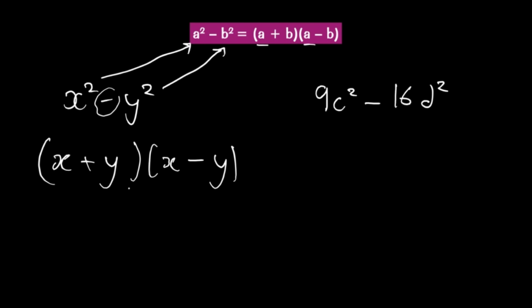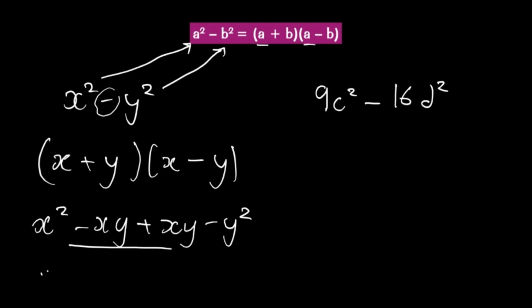If you're not sure, or if you think this is incorrect, you can always check by expanding the brackets. So to expand this bracket, you do x times x, x squared, and then x times negative y, minus xy, and then y times x, so plus xy, and then y times negative y, so minus y squared.